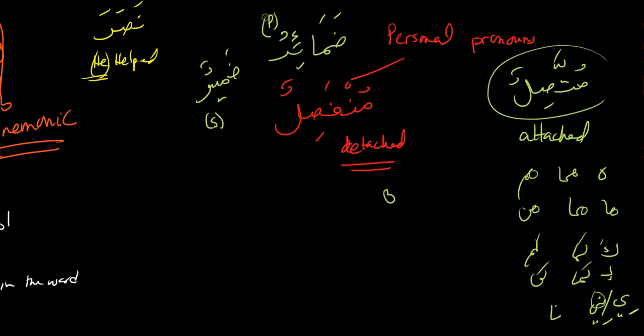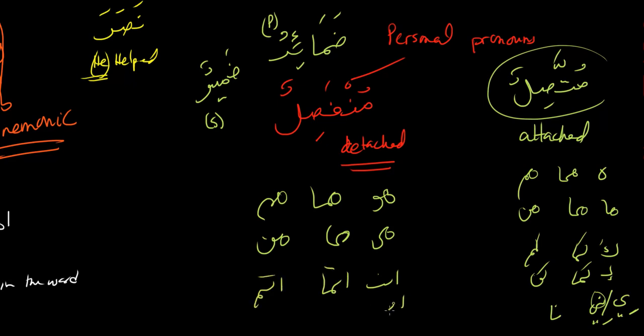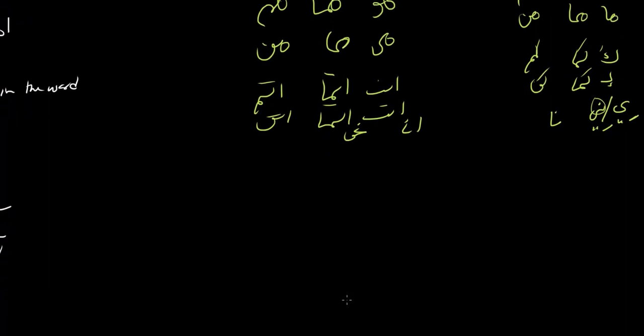Plural is damair. Damair munfasila, plural. The detached ones are huwa, huma, hum, hiya, huma, hunna, anta, antuma, antum, anti, antuma, antunna, ana, nahnu. Okay, I'm not doing this in detail because I just have to memorize the table there. So that's noon al-wiqaya, noon of protection.